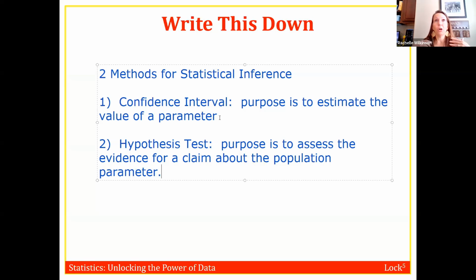So I just want to know, hey, what is the mean Pizza Hut pizza delivery time? If I just want to know what is the value of my parameter, then I would do a confidence interval. In the end, we're going to find out today that it gives me a range of values where I'm pretty sure the population parameter is. So I can have a good estimate of that population parameter.